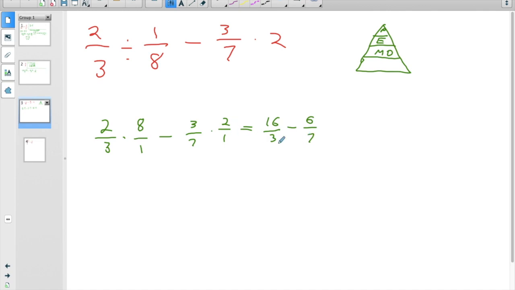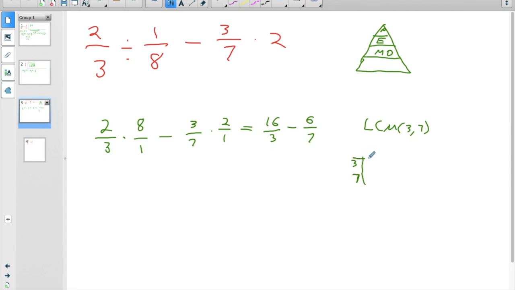Okay, now I want to find the least common multiple. So the least common multiple of 3 and 7. And we'll do this via the table again, even though we hopefully see what it is.